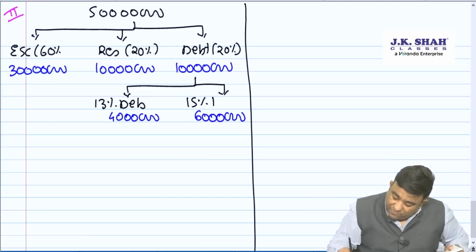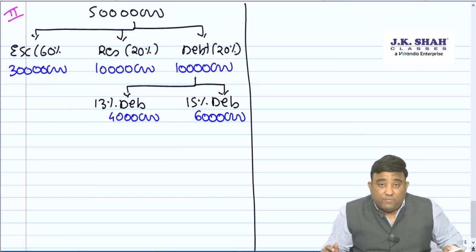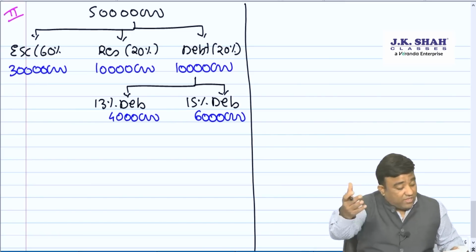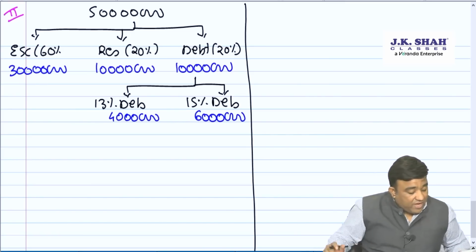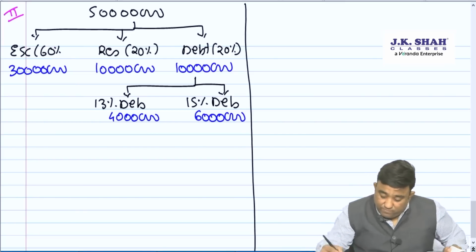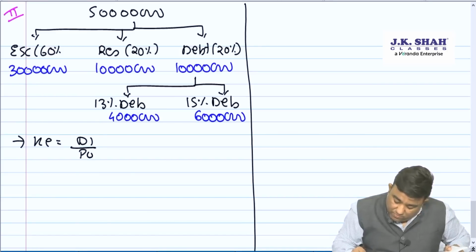And as it is before tax, we need to give the effect of tax. So again, I need the 4 classic short sums. Now student, KE will change. Why will KE change? Because there is an issue price given. It will fetch 14 rupees. So I need to recompute KE again. So student, KE will be D1 upon P0 into 100 plus G.